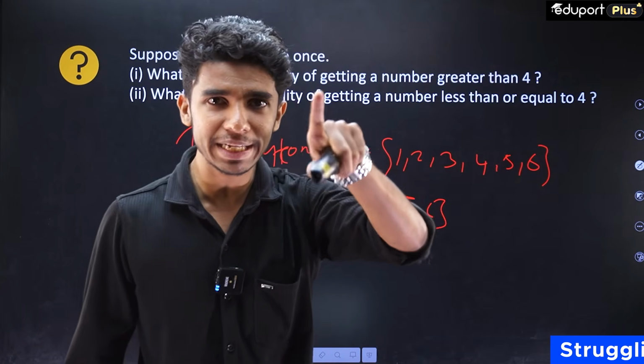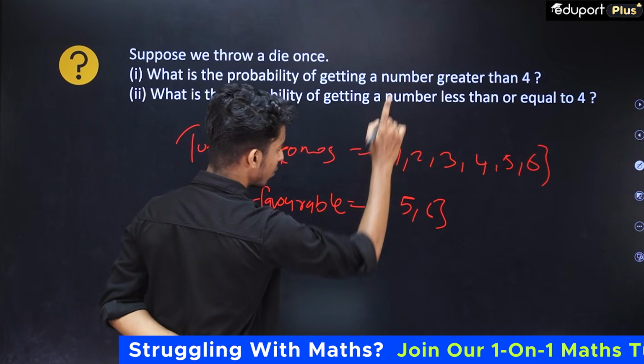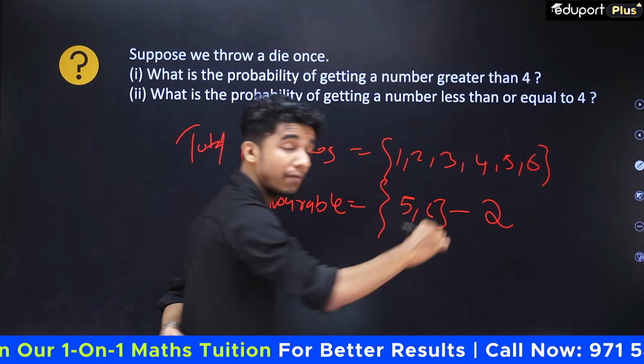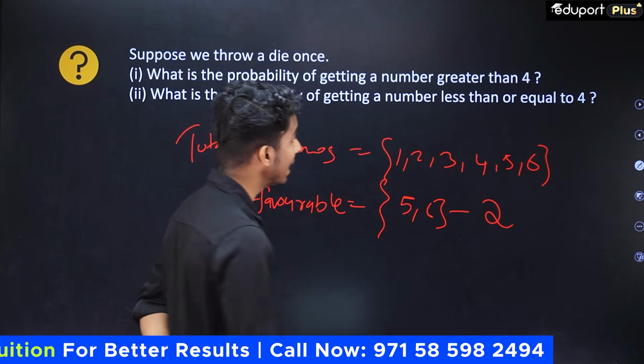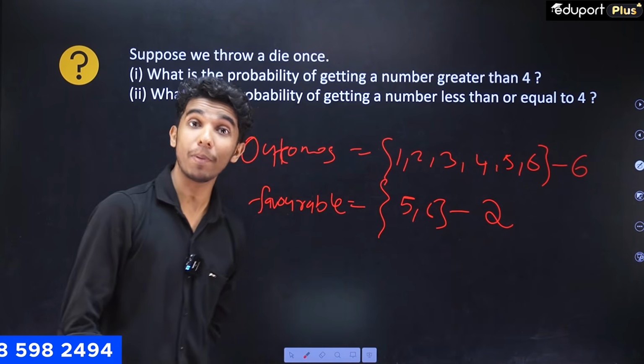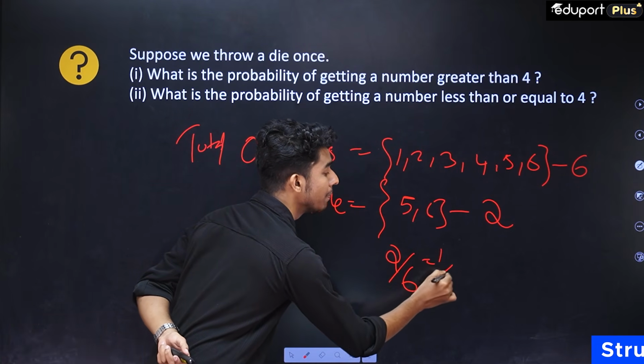So the probability: there are 2 favorable outcomes and a total of 6 outcomes. So the probability will be 2 by 6, which is 1 by 3.